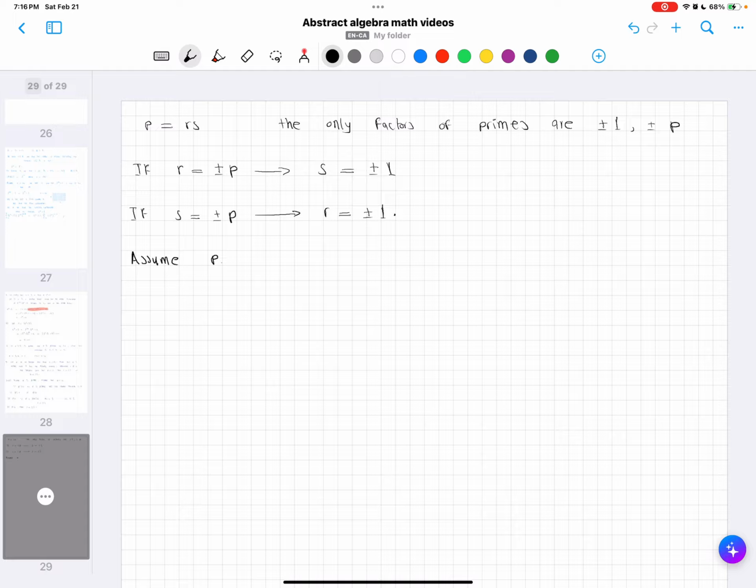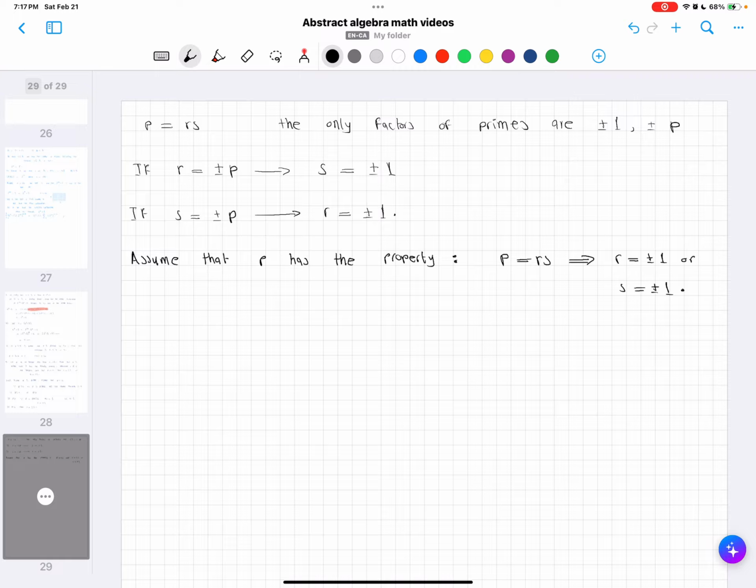So assume that P has a property: whenever it is a multiple of two integers, then one of the integers is plus minus 1, or the other integer is plus or minus 1.